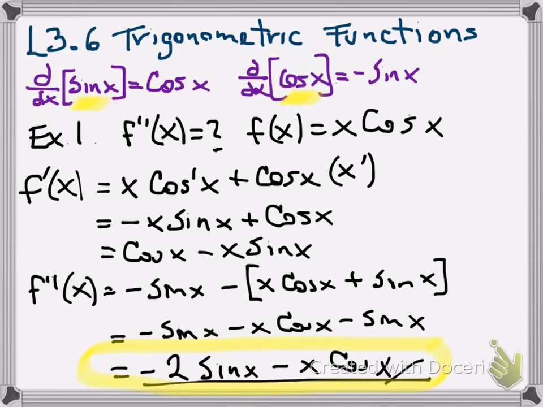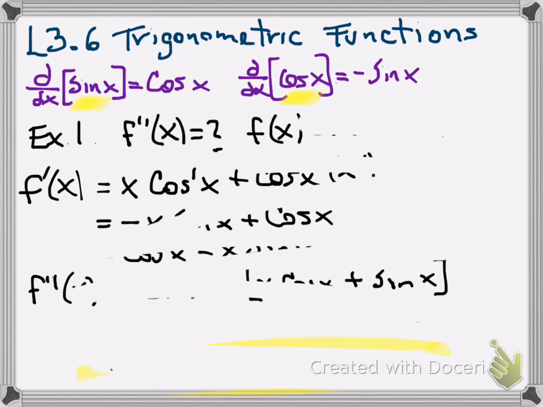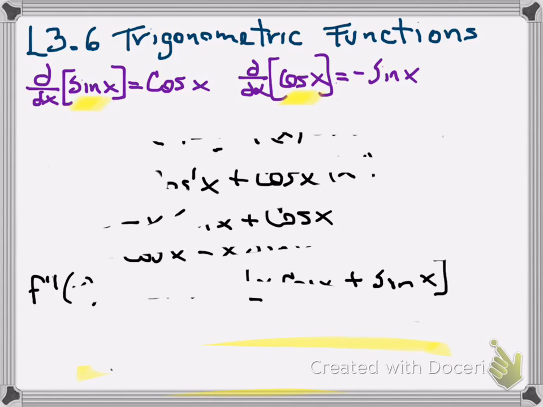Okay, may I go on? That was example number 1. Example number 2 of the book, let me erase all this. Example number 2 of the book is the proof of finding the derivative of tangent, which is something that we already saw on the video.